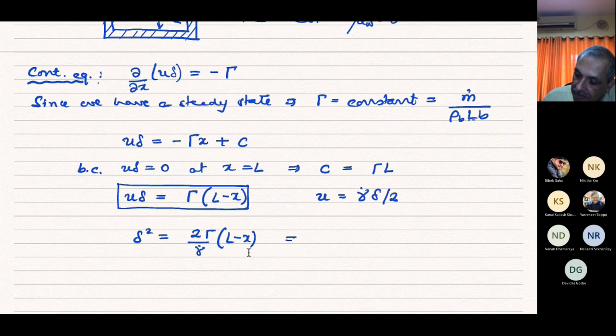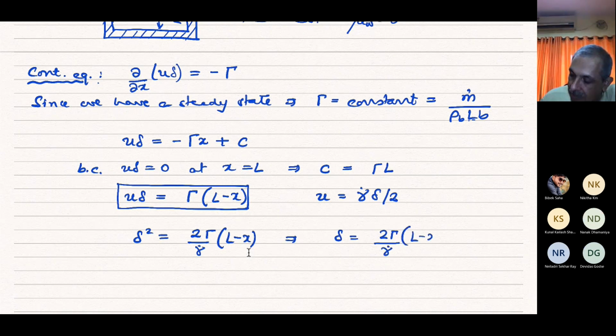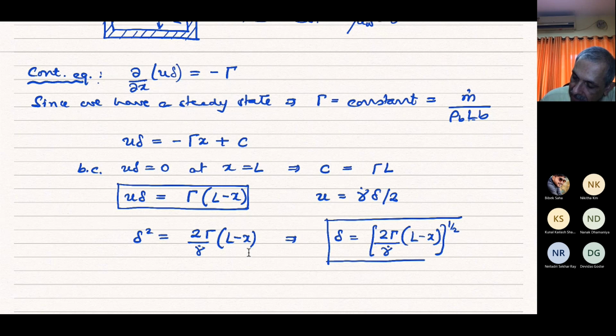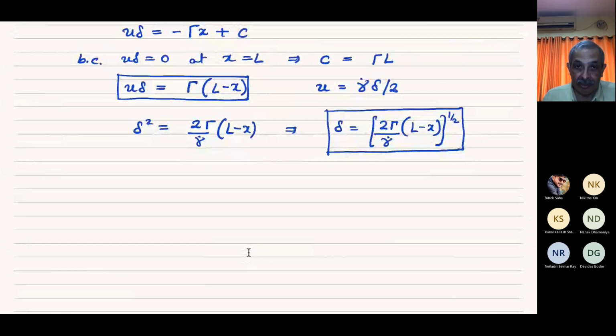And so then we finally get how our layer thickness will vary with x. It is just going to be 2 gamma by gamma dot into L minus x, this whole thing squared. So this is our second result, and this is something that we can easily test by doing experiments. And I will show you experimental results in the next lecture. But just now we'll only concentrate on the theoretical part.